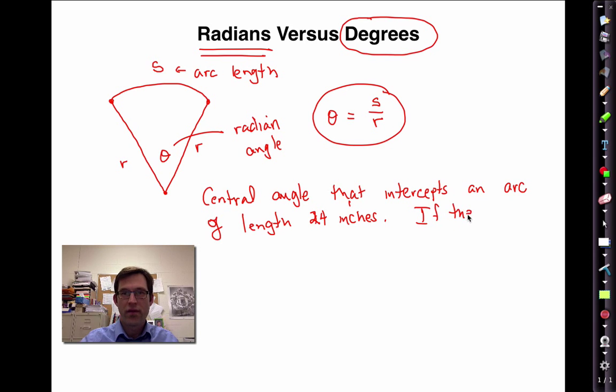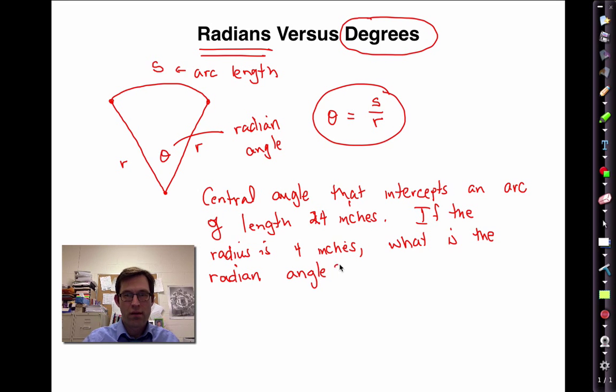If the radius is 4 inches, what is the radian angle? Well, it's simple. The radian angle will always be the arc length divided by the radius. In this case, the arc length is 24. The radius is 4, so the radian angle is 6.